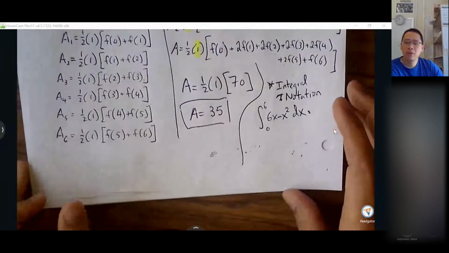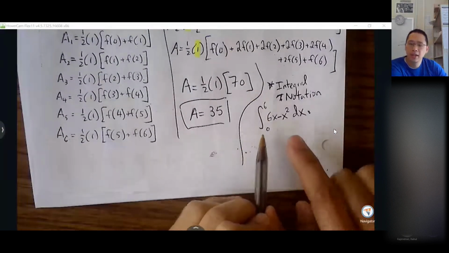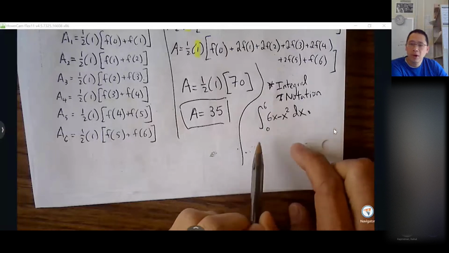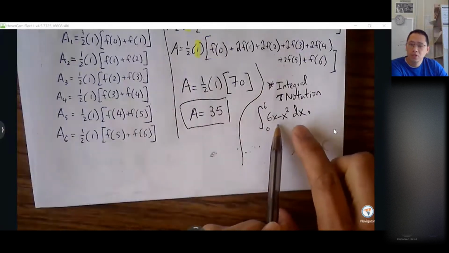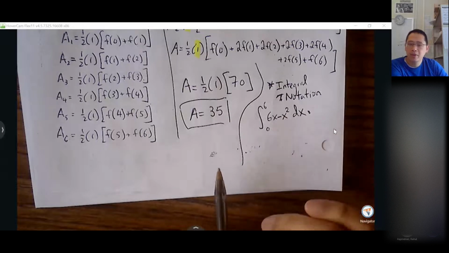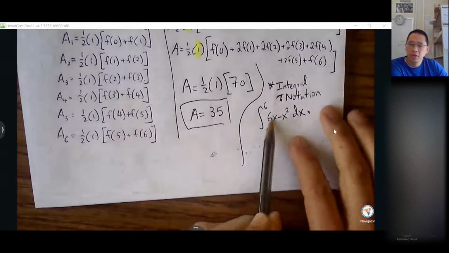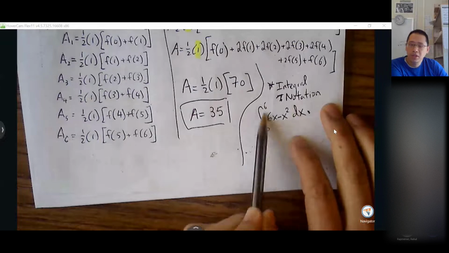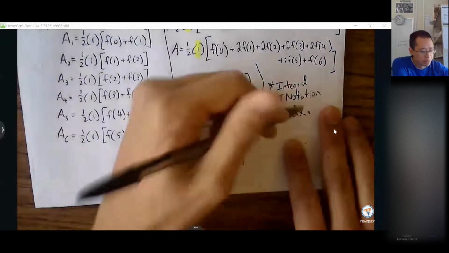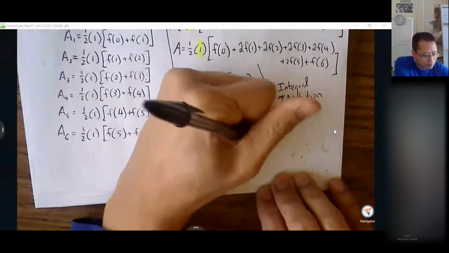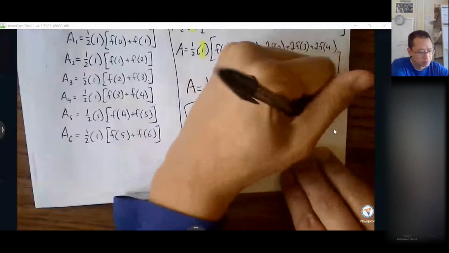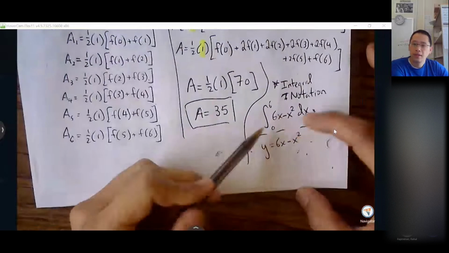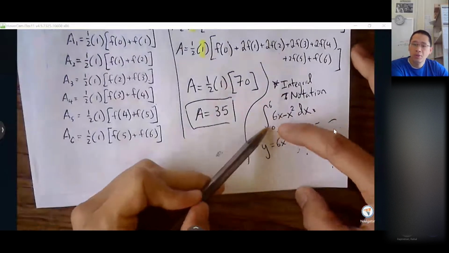We'll talk a little bit about integral notation, but I just want to point out that if you see a problem from the textbook with 4.6, just know how to gather information from this notation. Know that the expression that you see here is the function you're working with. And then there's a lower number that you see here.